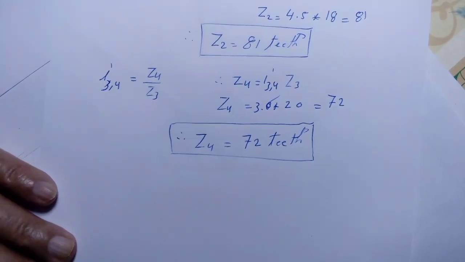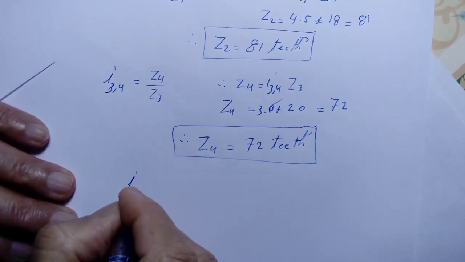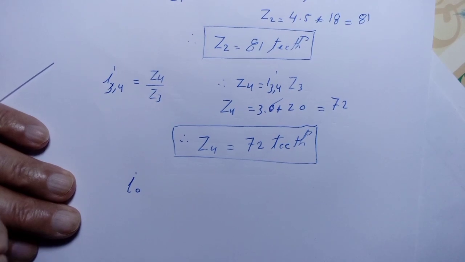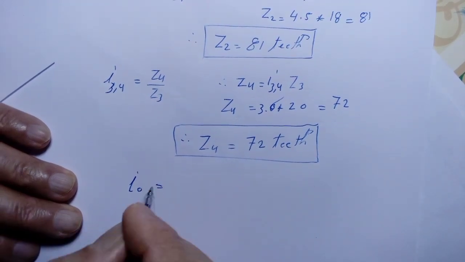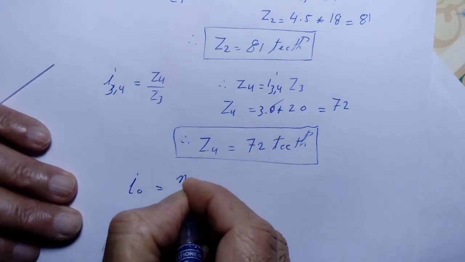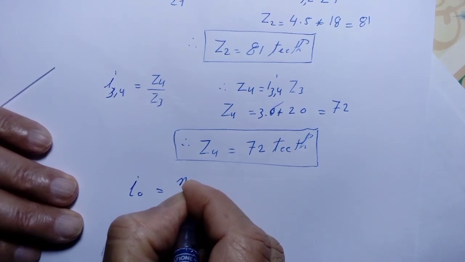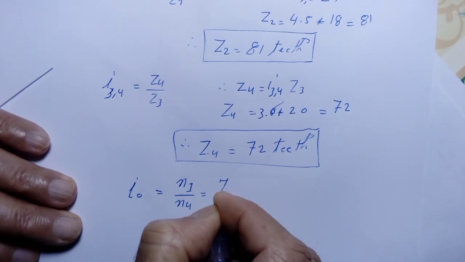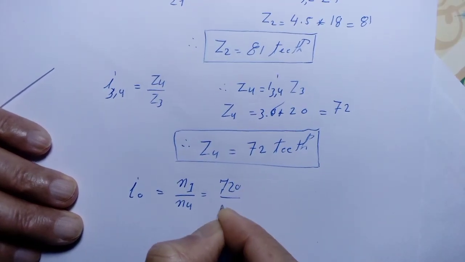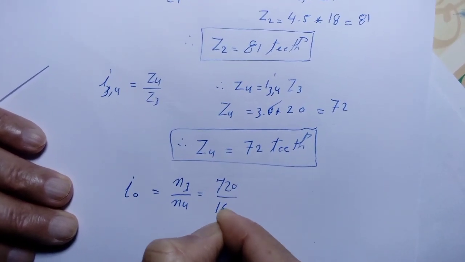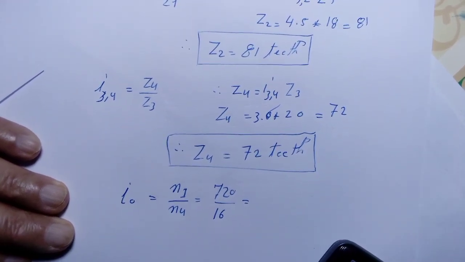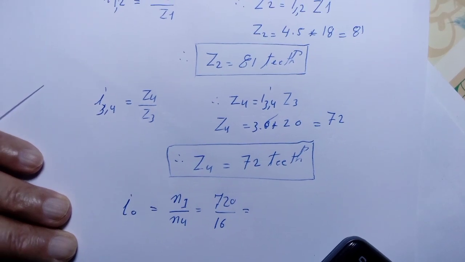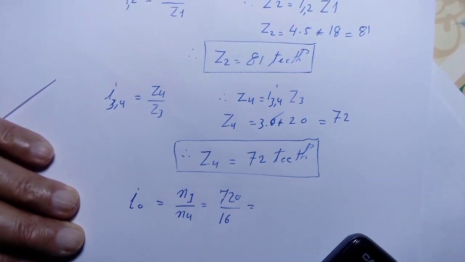Okay. Now we have I naught, the overall reduction ratio, equal to N1 divided by N4. N1 is 720 divided by 16.